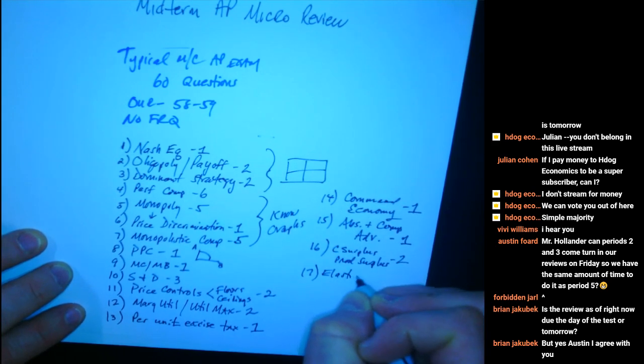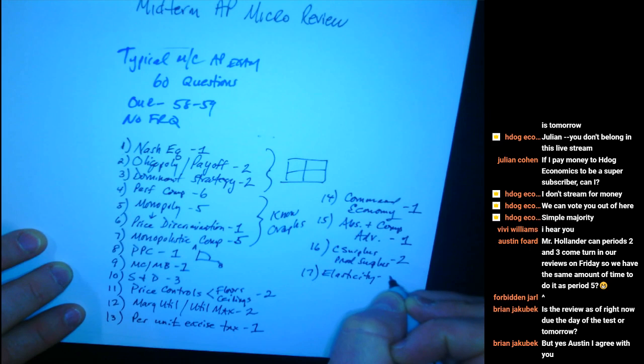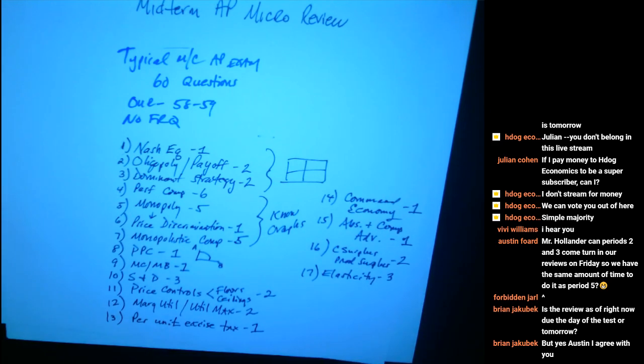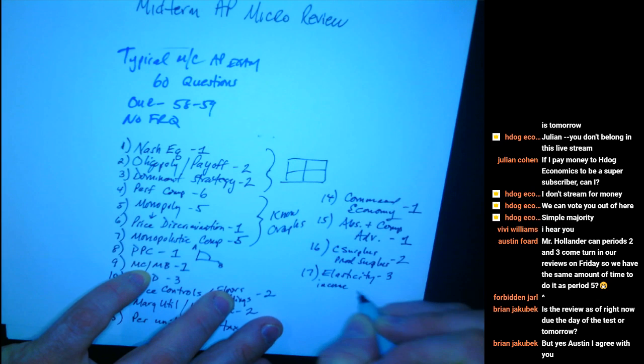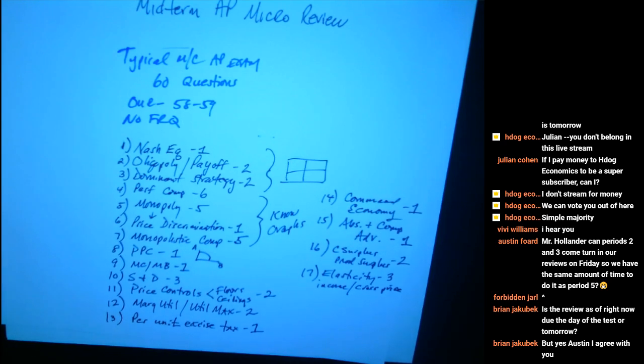Elasticity. 3 questions regarding elasticity. Make sure you know income and cross price as well.